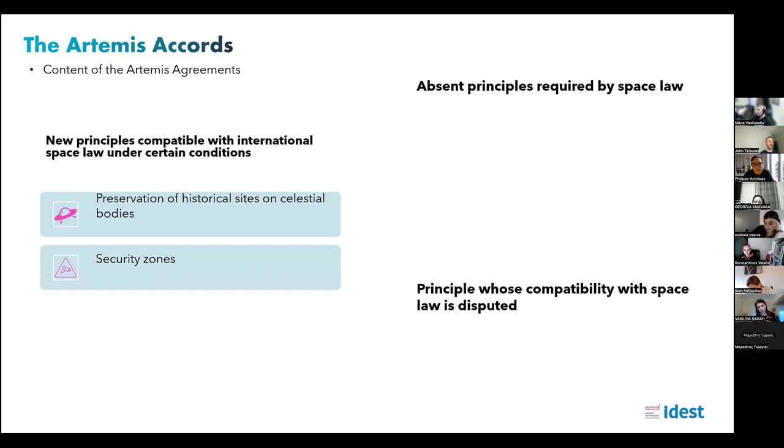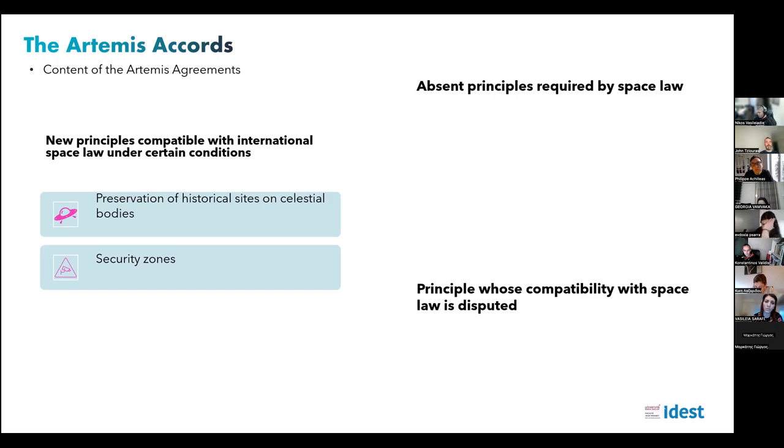Well, the establishment of security zones, that is to say around moon bases or moon installations, is not mentioned in international space conventions, but it won't be in contradiction with international space law if it is still possible to access all zones of celestial bodies, because international space law protects access to all zones of celestial bodies.